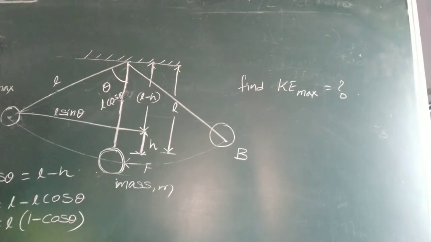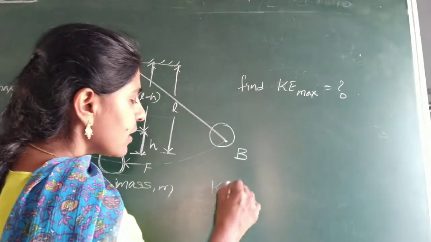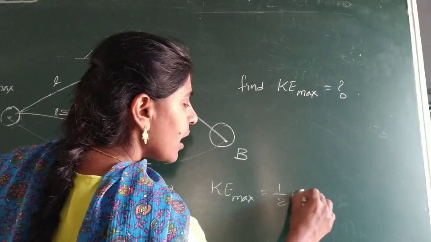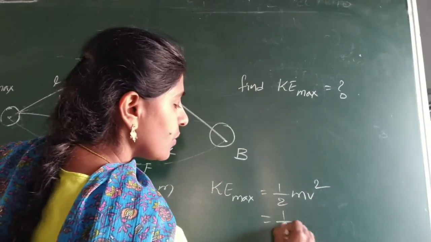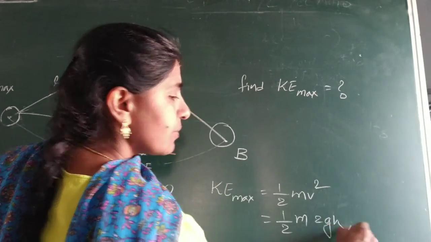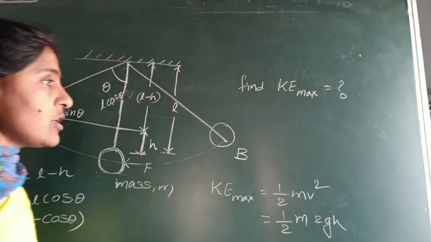Now we have to find the maximum kinetic energy. What is the formula for kinetic energy? Kinetic energy equals half m v square. I write v square in terms of 2gh, because from the equation v square minus u square equals 2ah, where u is 0.